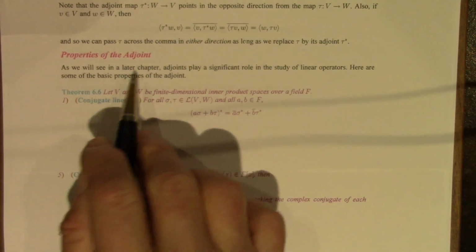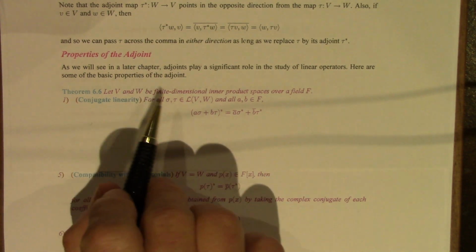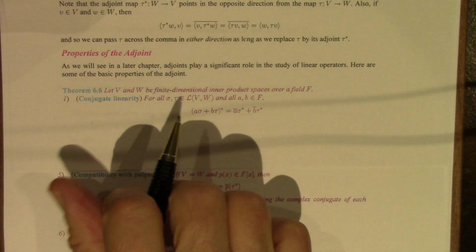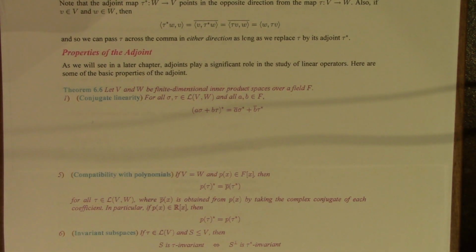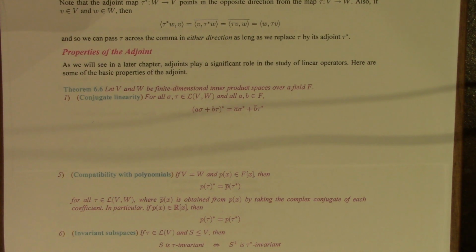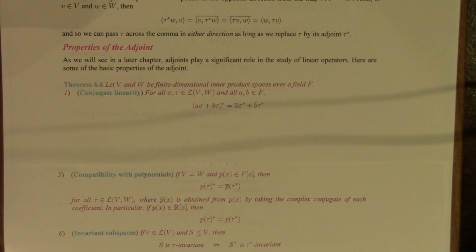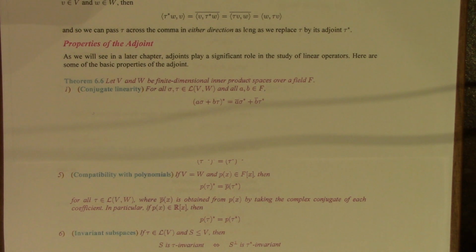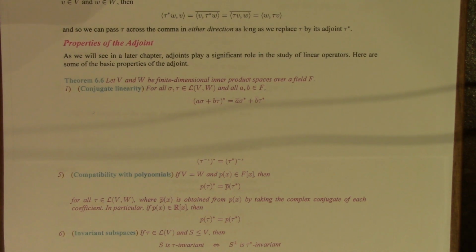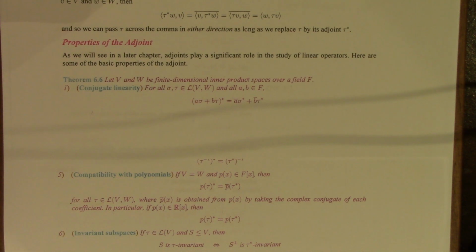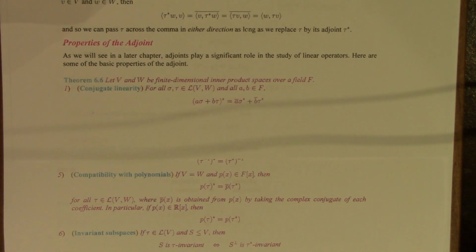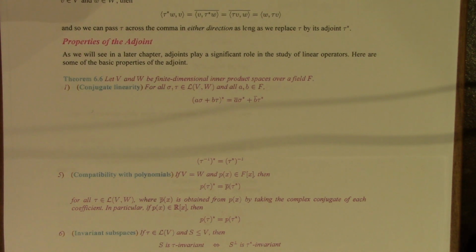Some properties of the adjoint. The adjoint, I should mention, plays a very significant role in the study of the structure of linear operators. In particular, there are some classes of linear operators, very important classes, that are characterized by the behavior of their adjoint. For example, if an operator is equal to its adjoint, it's called self-adjoint.